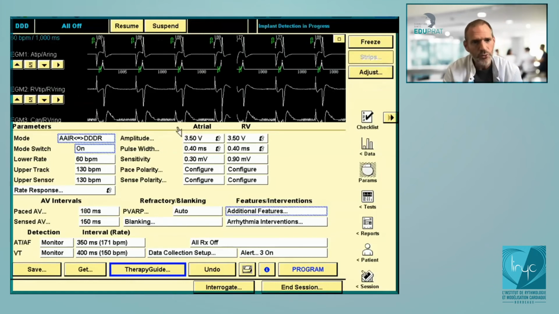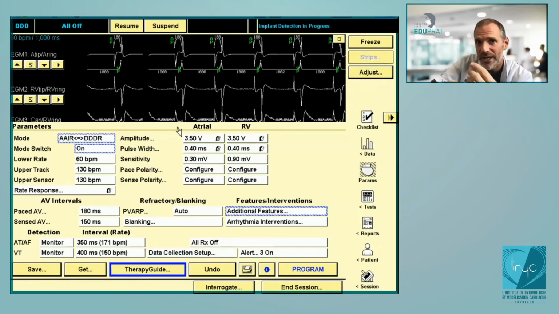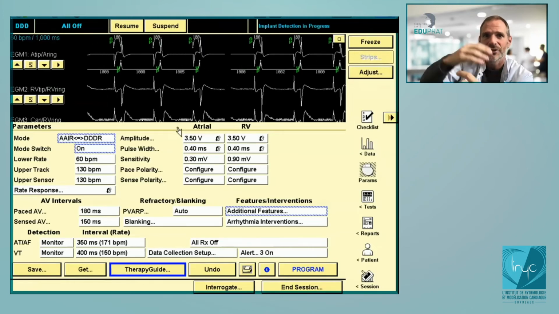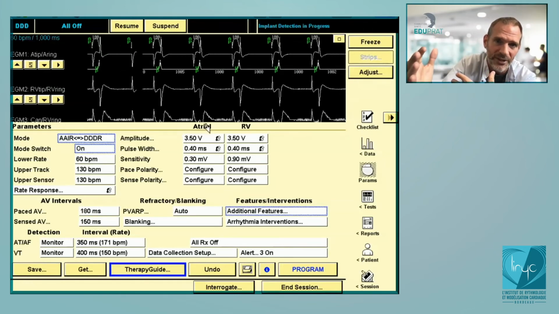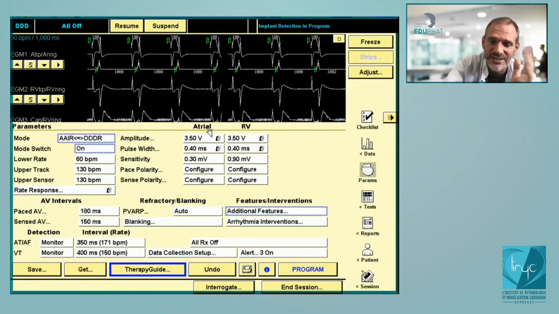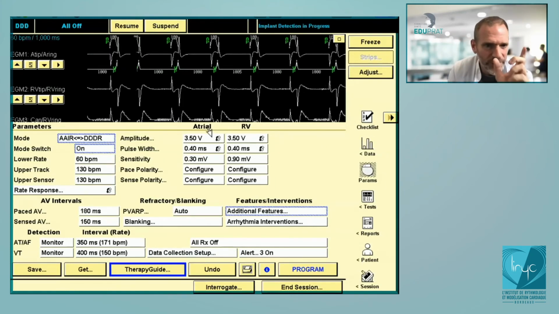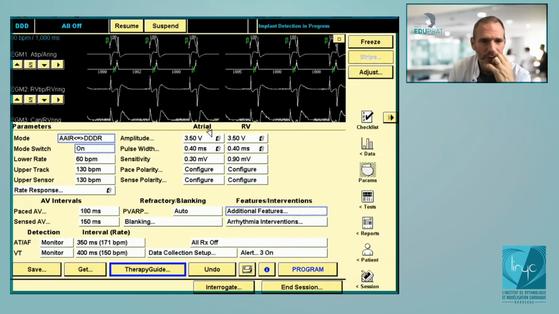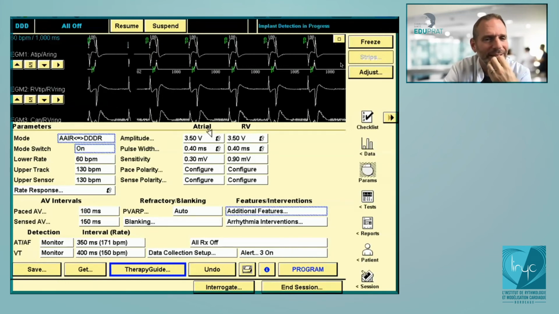Too fast or too slow? Do I need to decrease the amount of acceleration during exercise that could cause the symptoms? Okay. In sinus node dysfunction and exercise, I will really think about this upper sensor rate. Is this too high or too low? Okay, not the upper tracking rate. Is this clear for everybody?